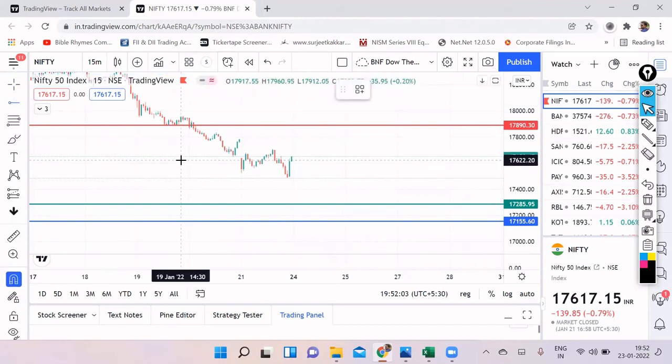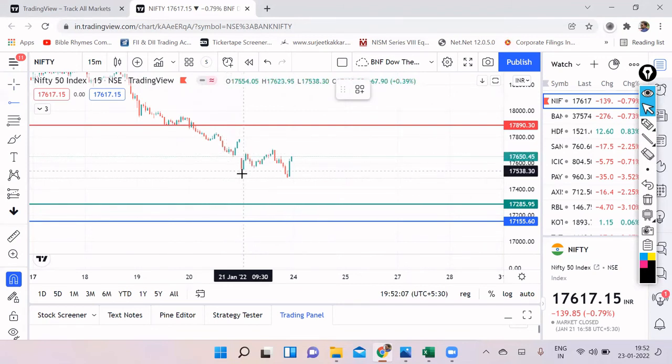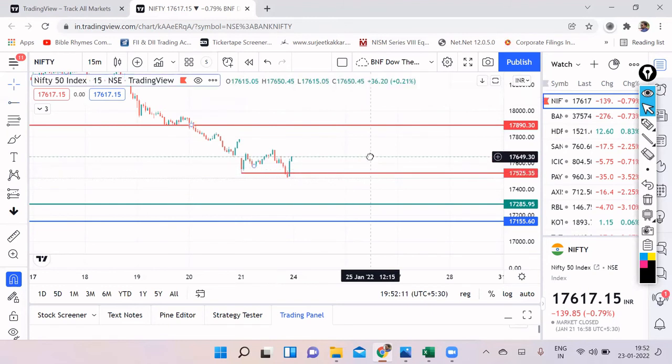Let me mark this particular low. Okay, so if Nifty closes below 17,500, then we'll take a downside trade, that is we'll buy a put here, and our immediate target is 17,285.